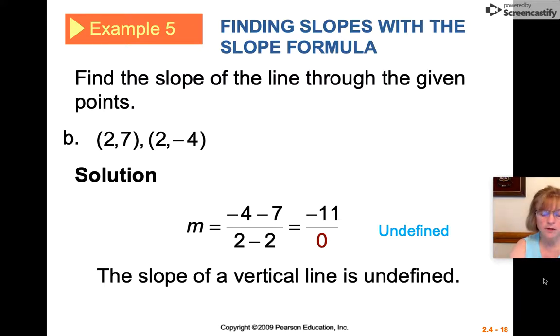So our numeric value is undefined, which translates into our slope being undefined as well. So the line containing those 2 points has an undefined slope, which in turn means that you have a vertical line. And if you notice, if you drew a line between these 2 points, you would get a vertical line. So the slope of a vertical line is undefined.